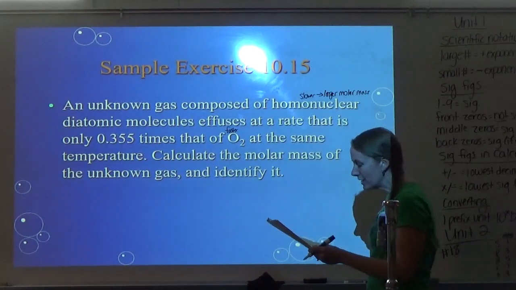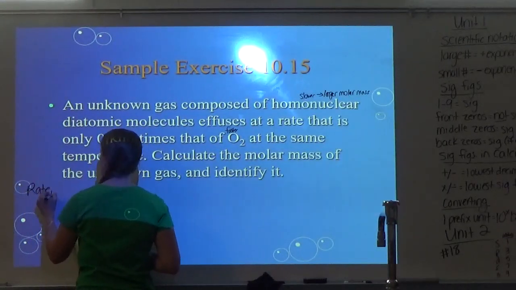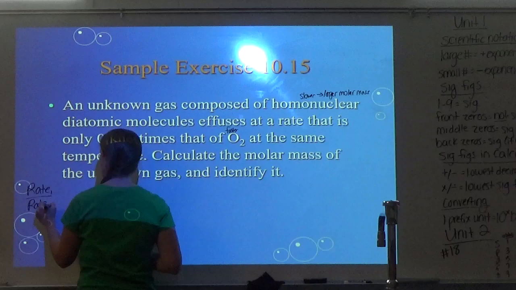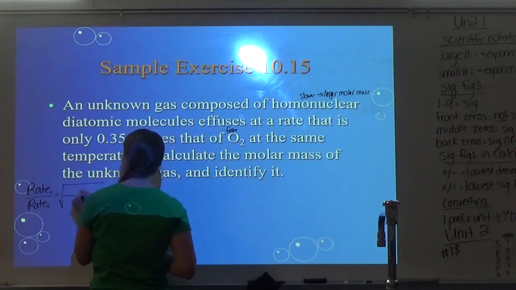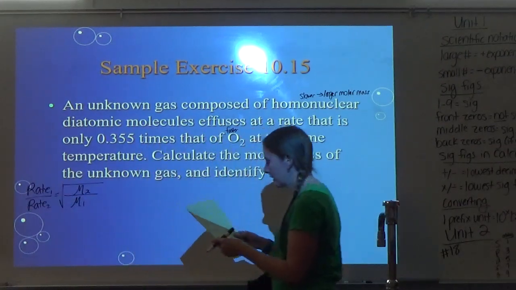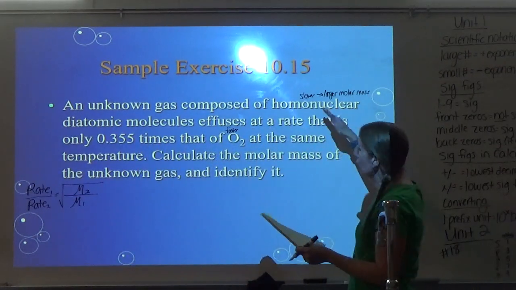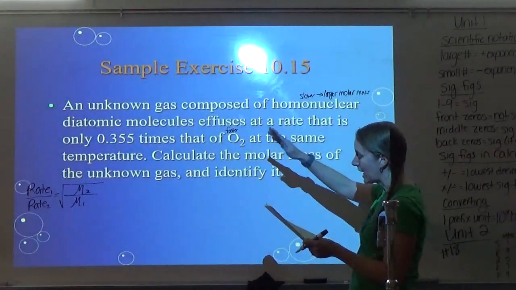All right, so we know that our rate of 1 over rate of 2 equals the square root of the molar mass of 2 over the molar mass of 1. Our unknown only diffuses 0.355 times that of O2.